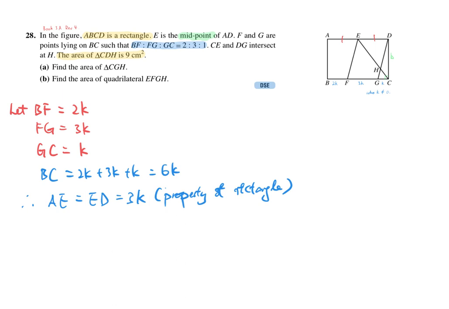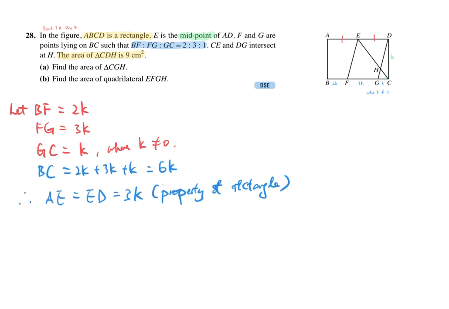So maybe we should write here. Okay, so this is the first part of our solution.